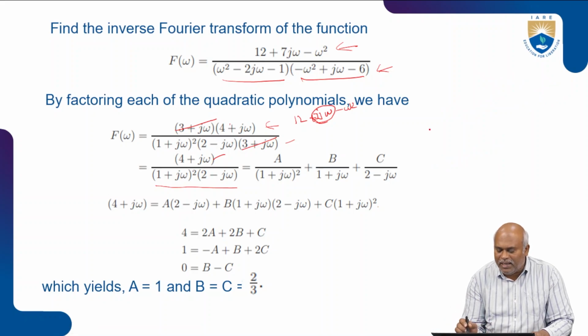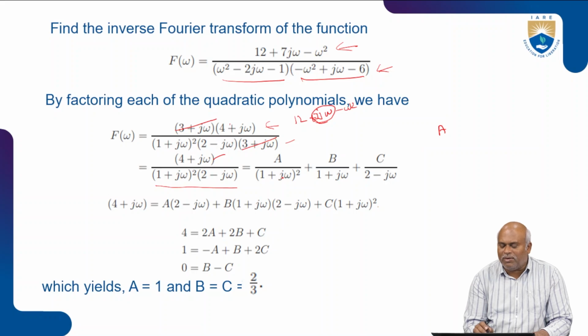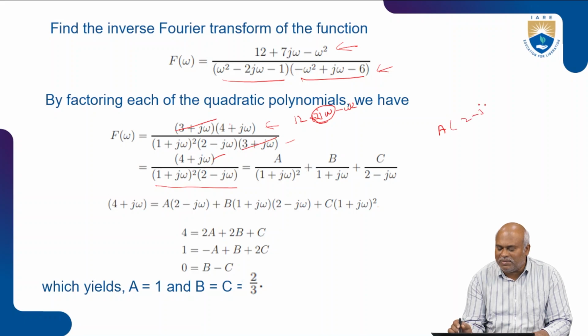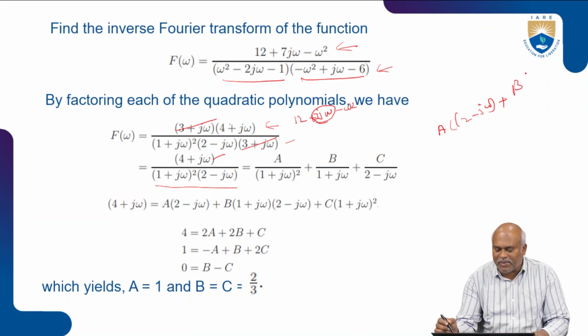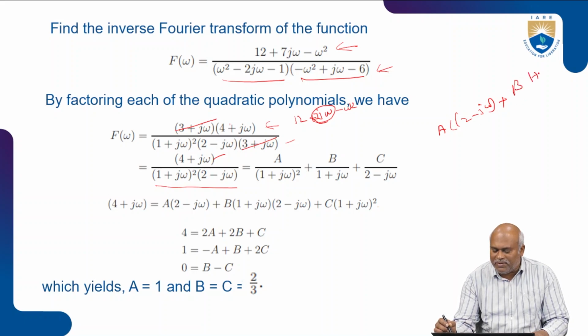So A into, already the (1 + j omega)^2 is there, you can limit it, here also (1 + j omega). The remaining portion is (2 - j omega), plus B multiplied with this 2, B into (1 + j omega)(2 - j omega).